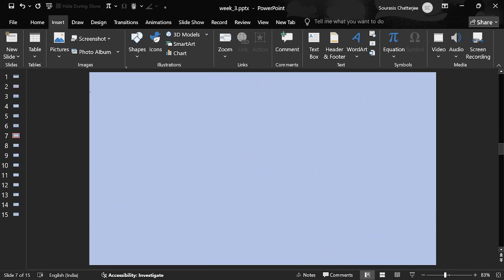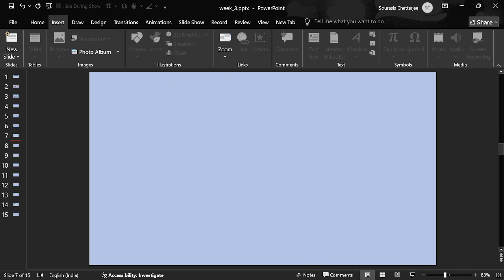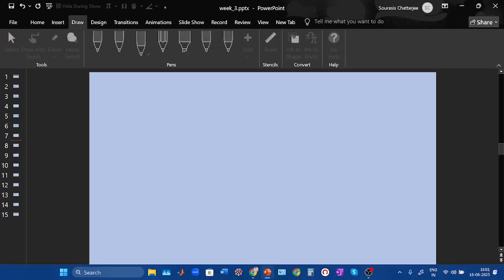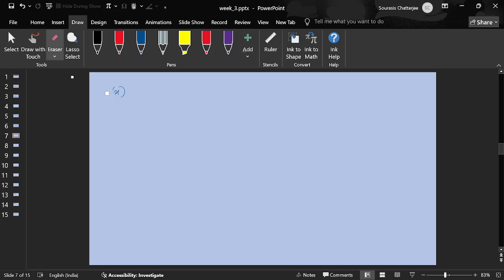So that has to do with this formula. For example, you can see here p of x times p of y given x is equal to p of y times p of x given y, right?